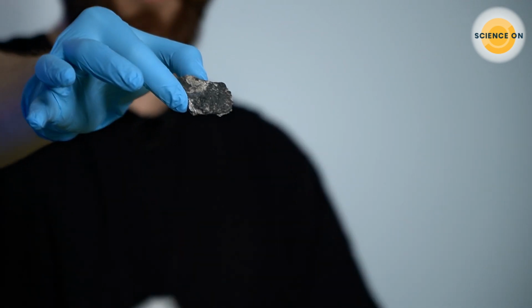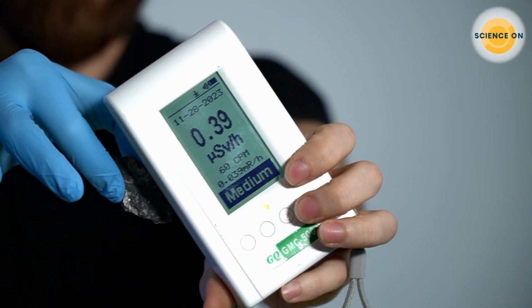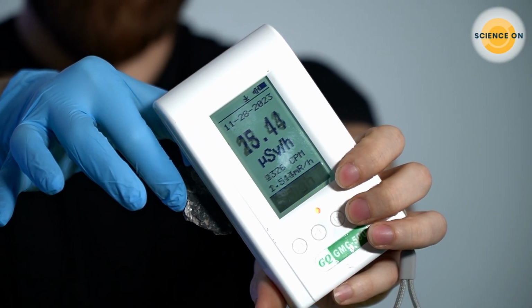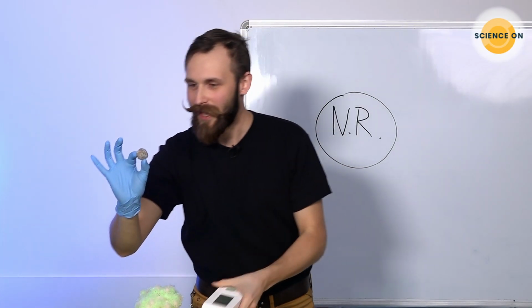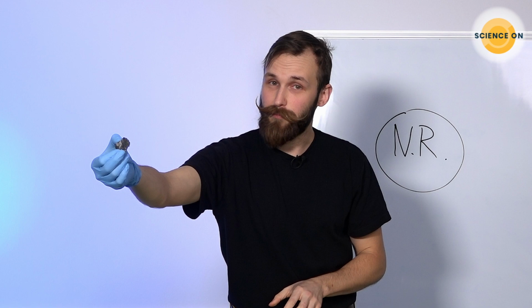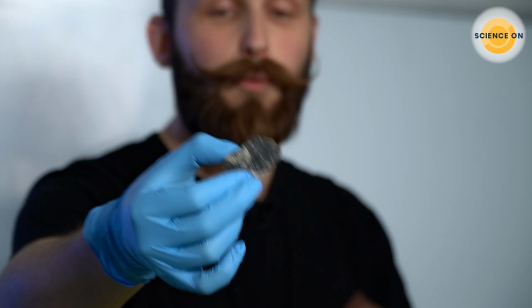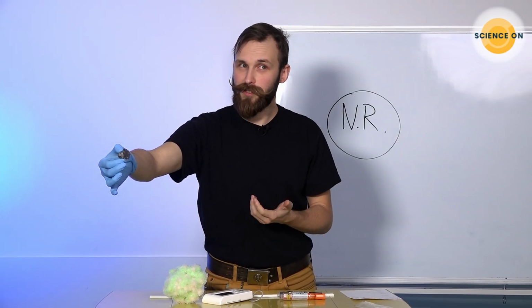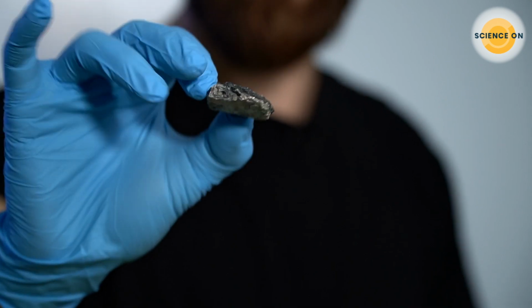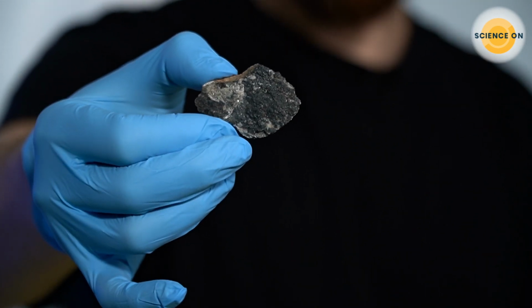So if we put a Geiger counter near this sample, yeah, it's a little bit radioactive. This black stuff is uranium oxide, which is used for the fuel. But we must process it a little to enrich it, because most of the uranium inside the sample is uranium-238.